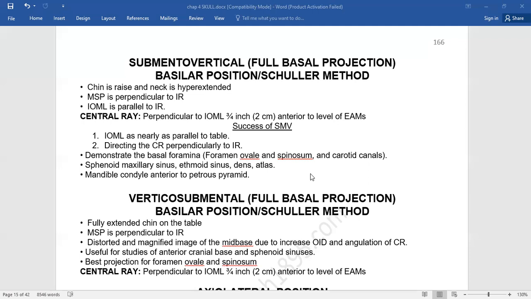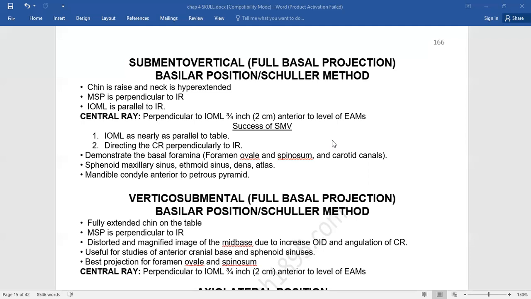The position is that the chin is raised and the neck is hyperextended. The MSP, or mid-sagittal plane, is perpendicular to the image receptor, while the IOML, or infraorbitomeatal line, is parallel to the IR. The central ray is perpendicular to the IOML, which enters 3/4 inch anterior to the level of the external auditory meatus, or the EAM.